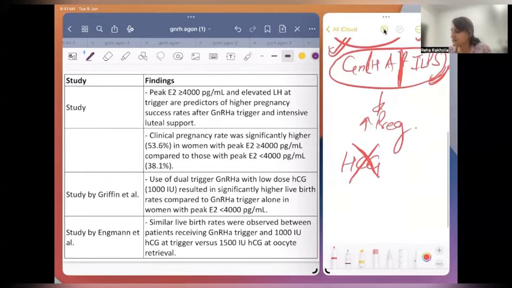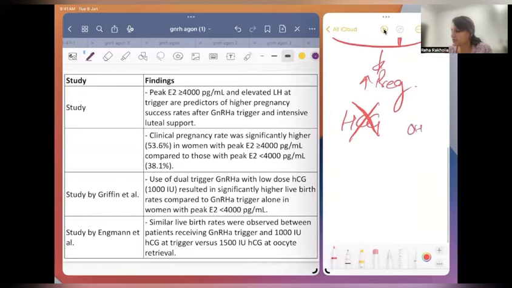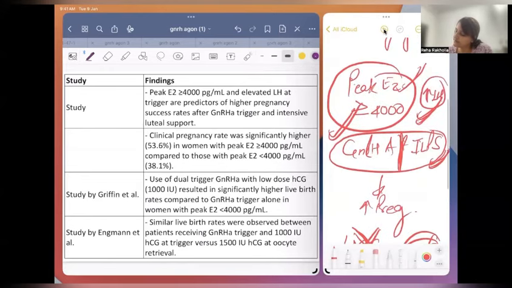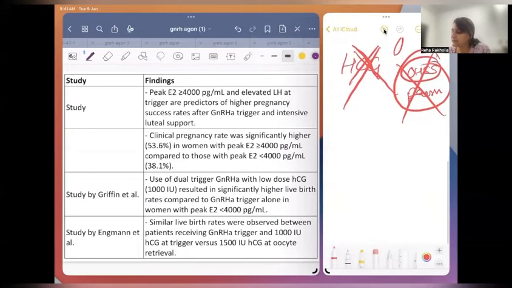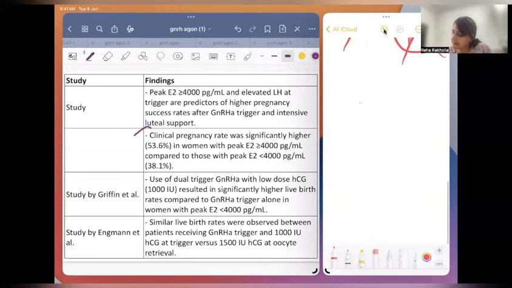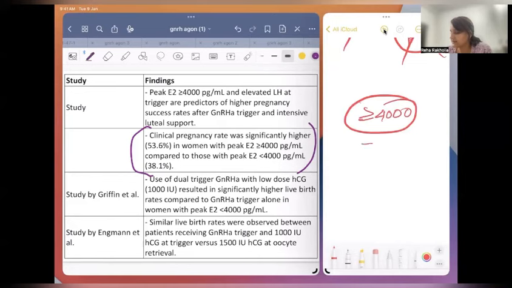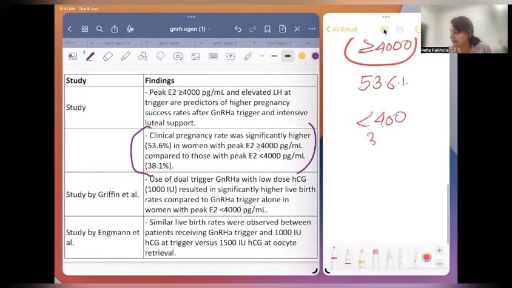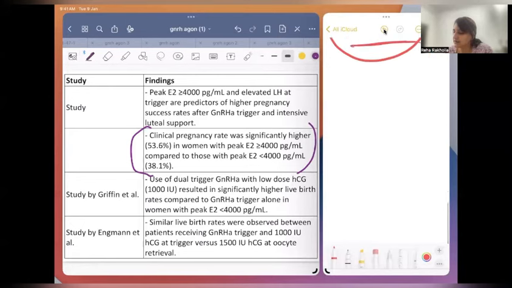Why are we not giving HCG? Because we need to prevent OHSS. We won't give HCG because peak E2 levels are already more than 4,000 and LH, so the chance of getting pregnant is high. They are saying that if E2 is 4,000, then pregnancy will be 53.6%. If E2 is less than 4,000, pregnancy is 38.1%. Means when E2 level is low, pregnancy rate is going down.